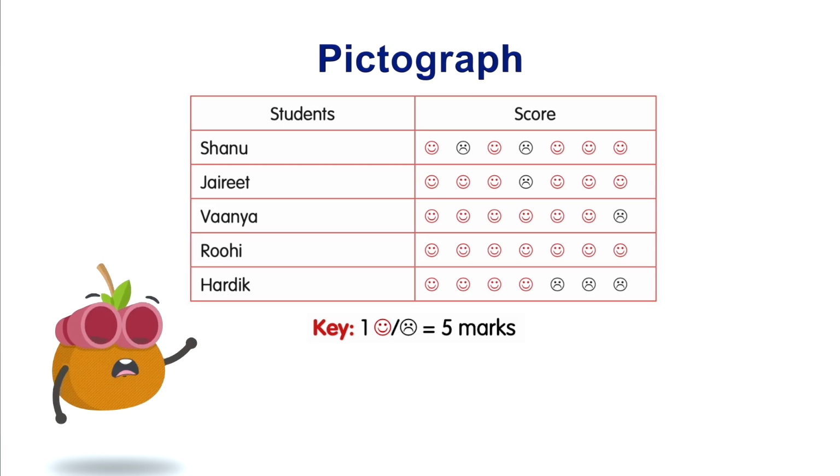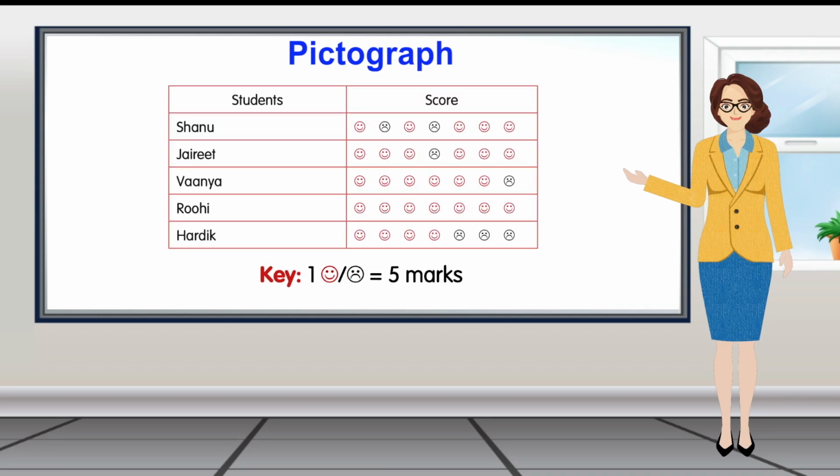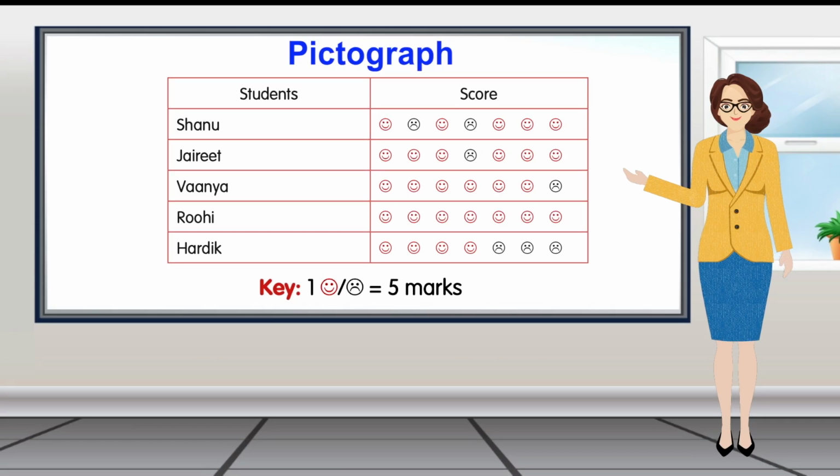What is the key? A key is a set of numbers that help measure or show the quantity of objects. A key on the graph shows the numbers or pictures used in the data. In the pictograph, the score of each student is represented by smiley and sad emojis.